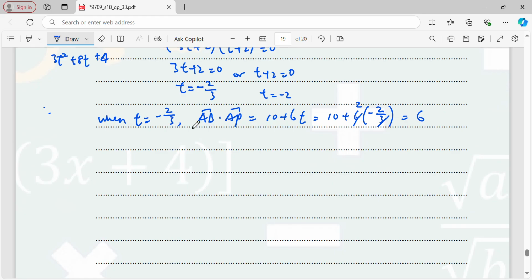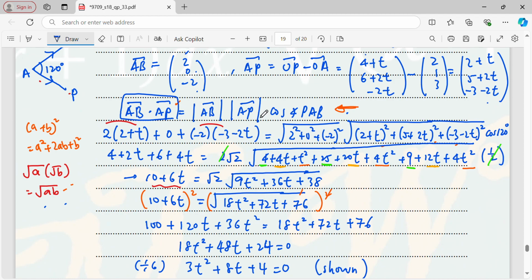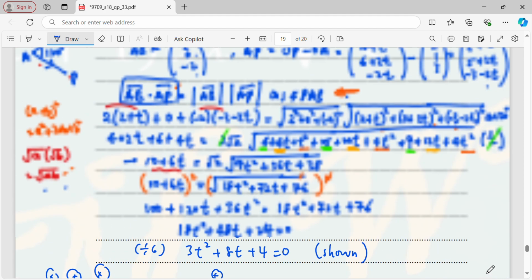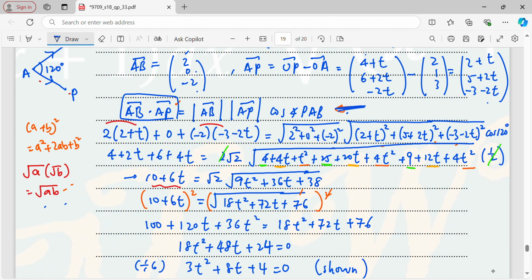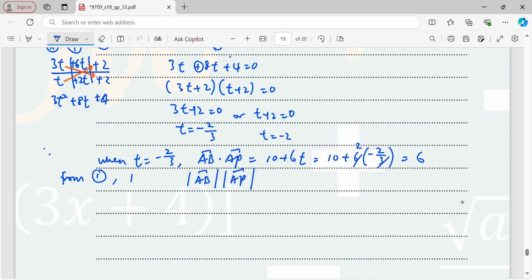Right? But then when you look at the right side, modulus AB times modulus AP. So this is from the scalar product formula, or I will say from first. Probably I label this as first, right? From first, right hand side, then cos 120 degrees.